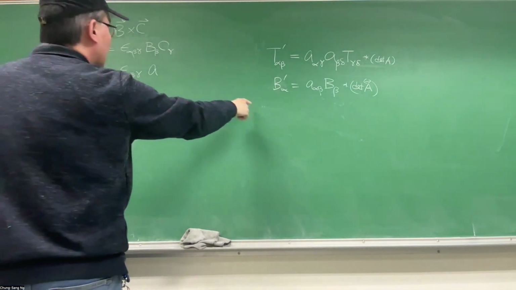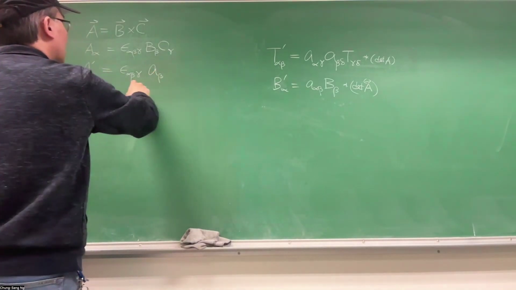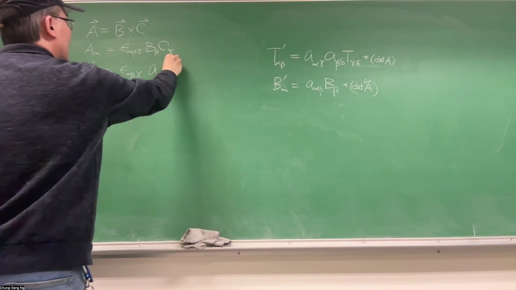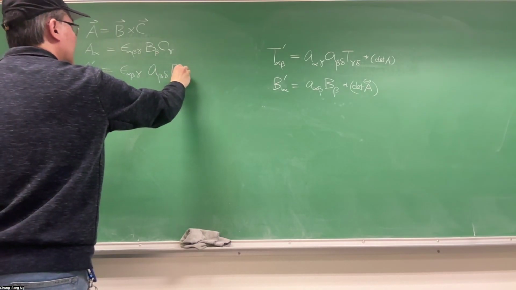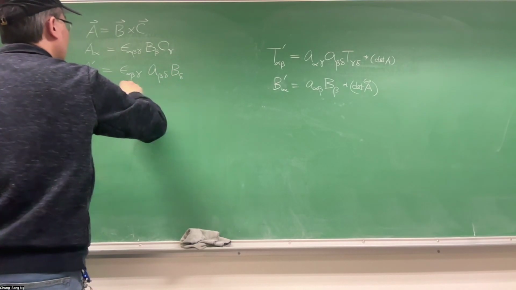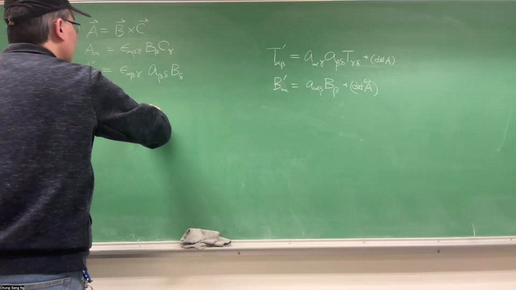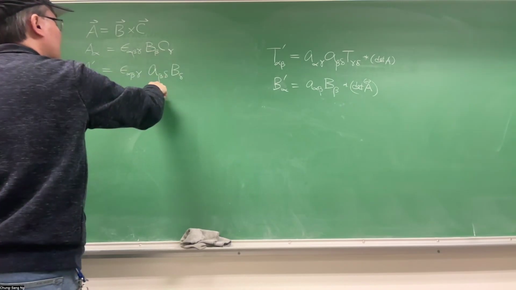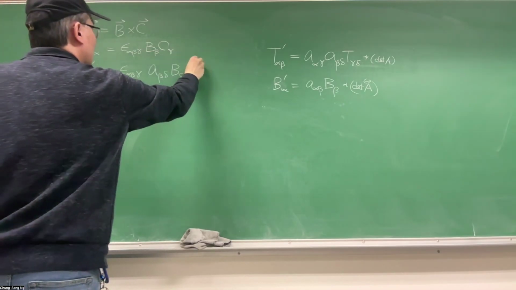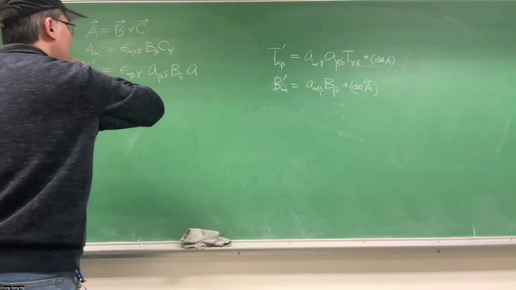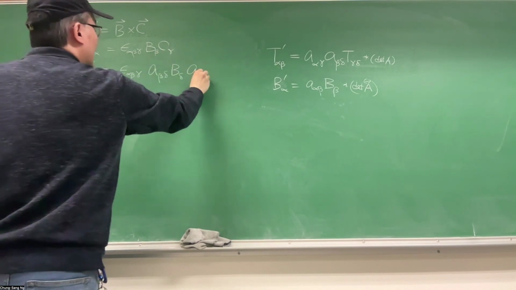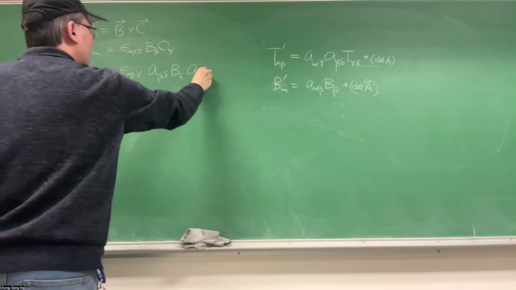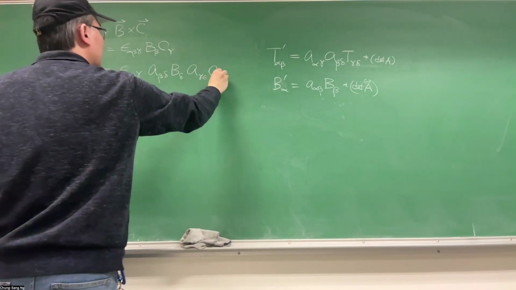So it's A beta, we already use gamma, delta, and B delta. So transform B to this one and transform C to A gamma, whatever, using delta epsilon, C epsilon.